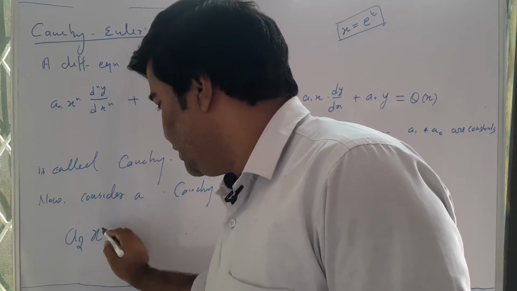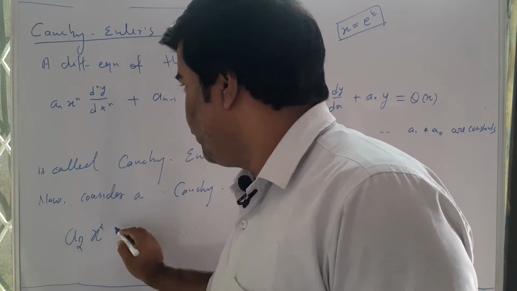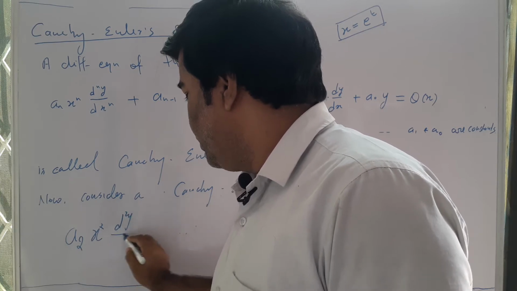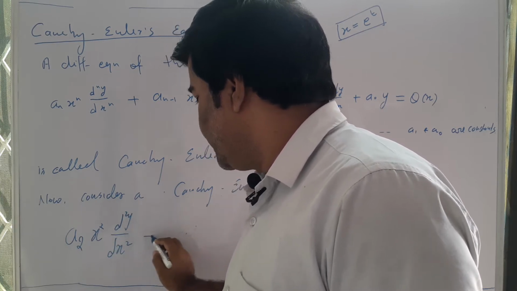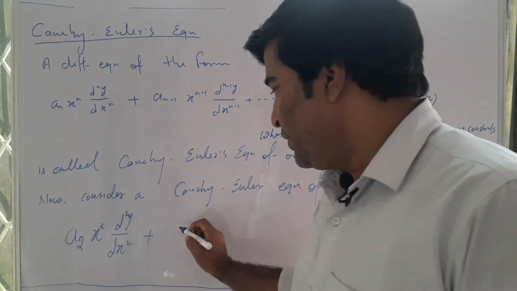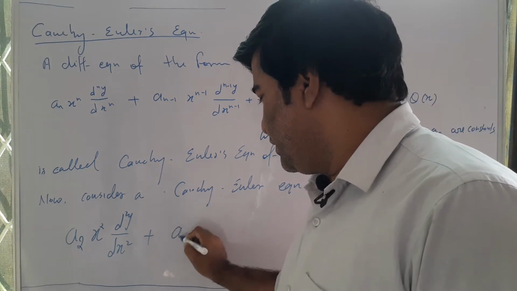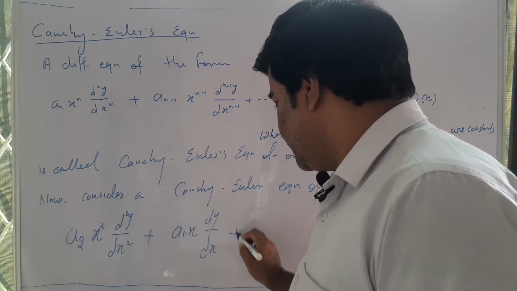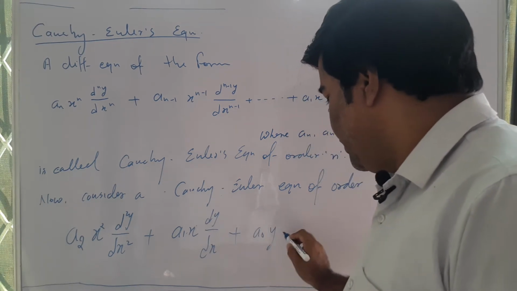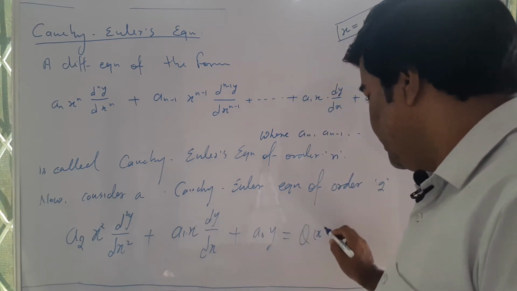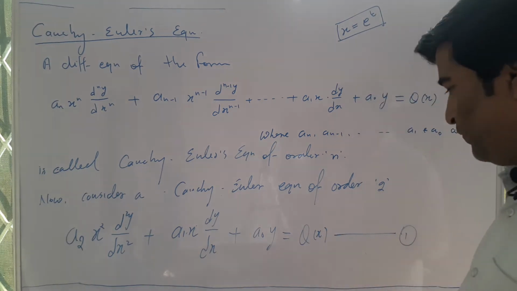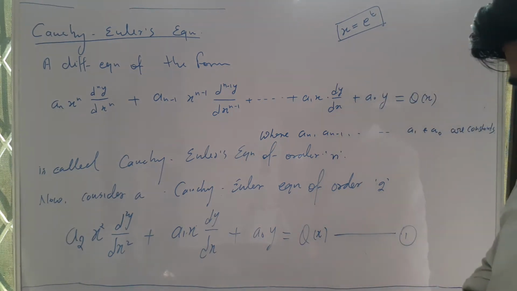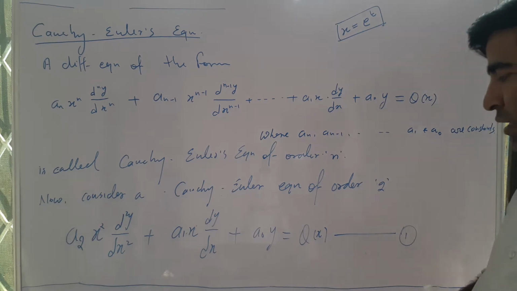Here we take n is equal to 2: a_2 x^2 d^2y/dx^2 + a_1 x dy/dx + a_0 y = q(x). This is the second order Cauchy-Euler equation.